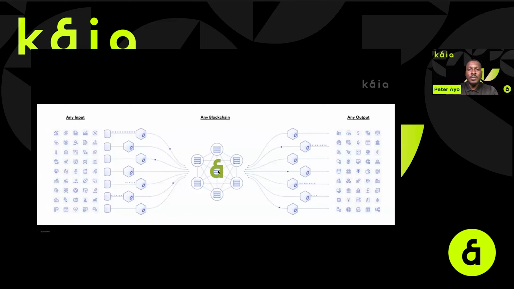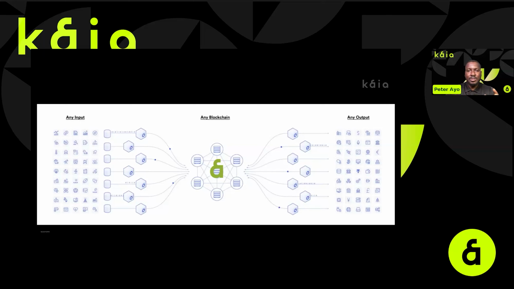Then from the blockchain, if it's an outbound oracle, or the smart contract wants to send information from within itself to the real world, right? The smart contracts can also send information out to the blockchain oracle, and this oracle sends them to wherever they want them to be, right?